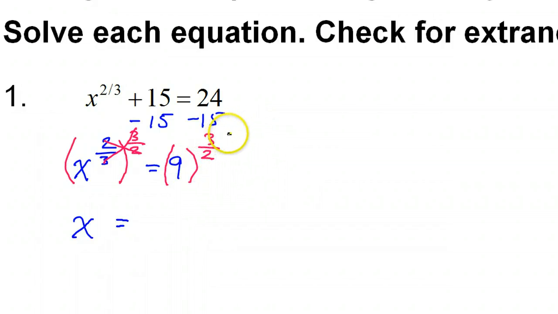Now, it's been a while, but please remember, just in case you do not have access to a calculator, which is a very real possibility, you should be able to evaluate this without a calculator. When you have a fractional power, what you're looking at is power over root. Power over root.